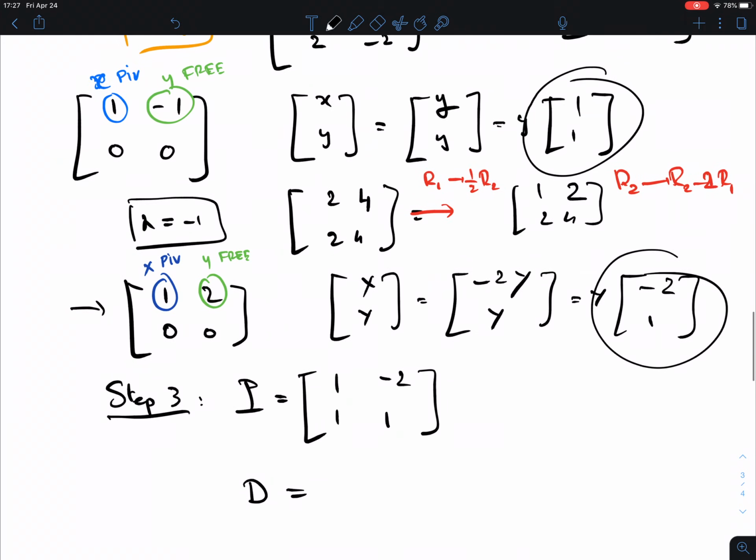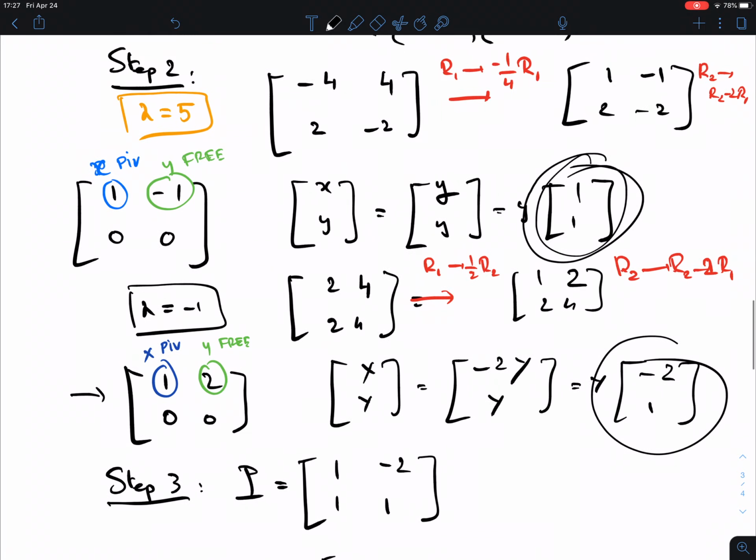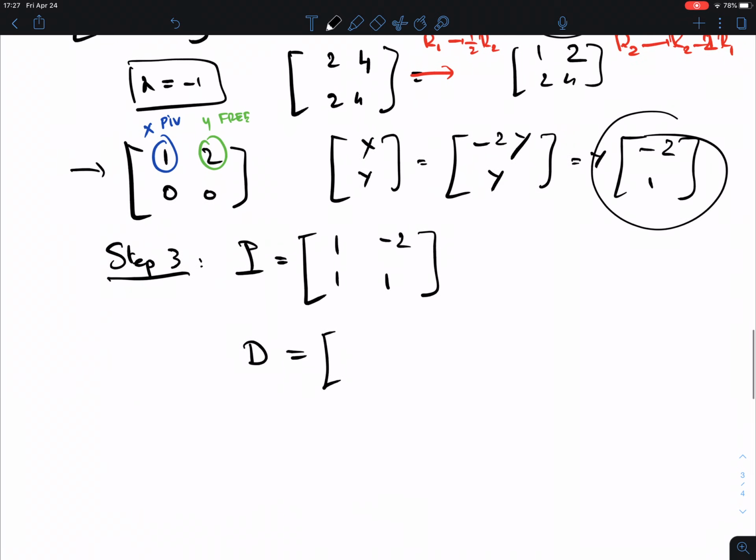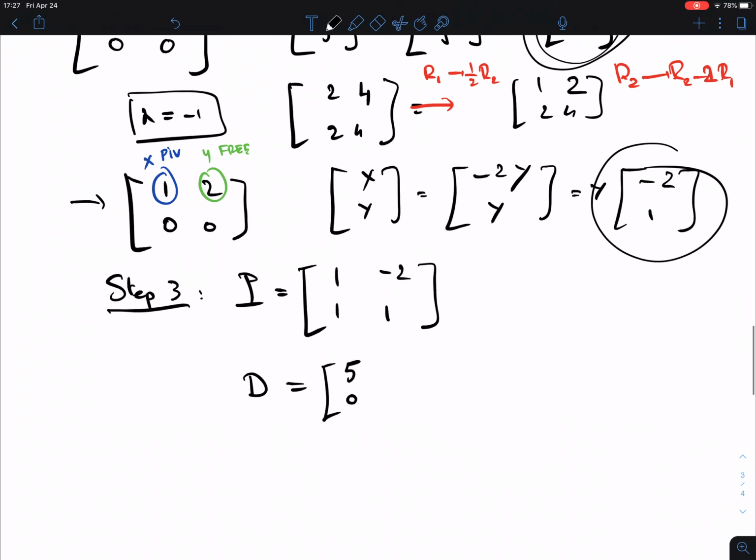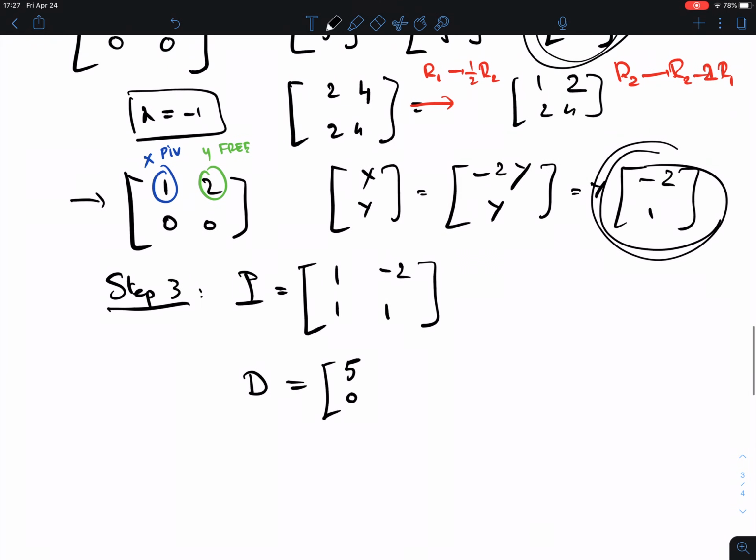Since I put the 1, 1 vector first, which corresponds to lambda equals 5, that's the first of my diagonal elements. The next one corresponds to eigenvalue negative 1, so I get 0, negative 1. That's it. So we have D and we have P.